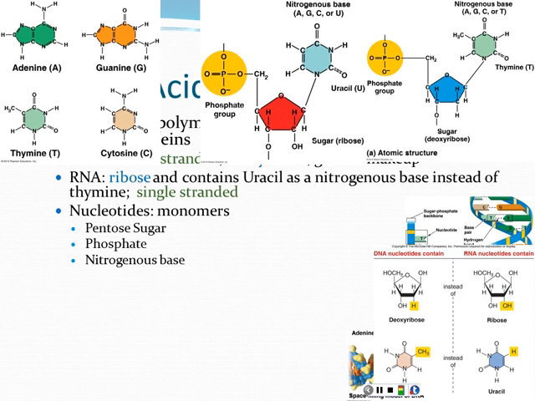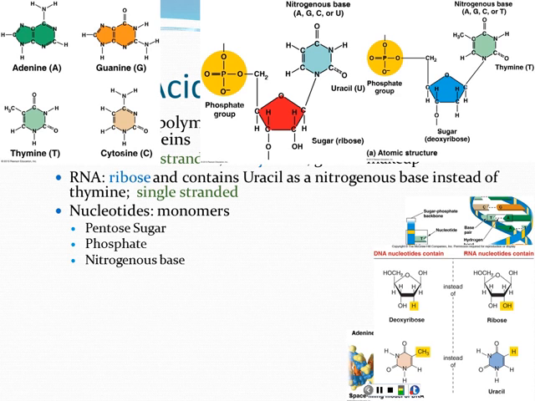Another thing is that these are purines. You don't have to know, but these are purines. These are pyrimidine. Adenine always matches up with thymine, while guanine always matches up with cytosine. Okay, so in RNA, what will match up with adenine? It will be uracil. Very good. Not thymine.